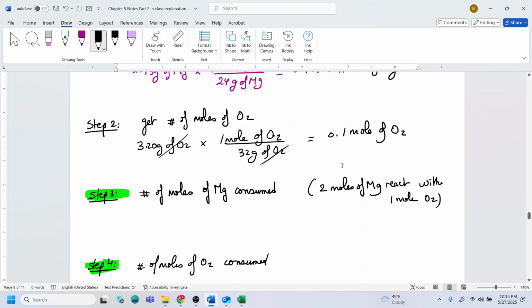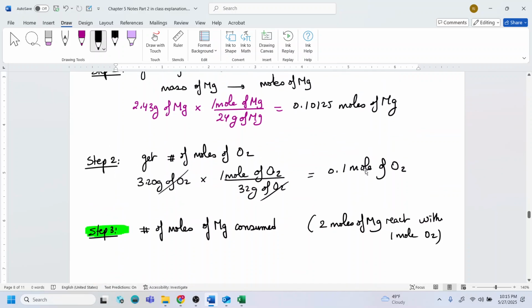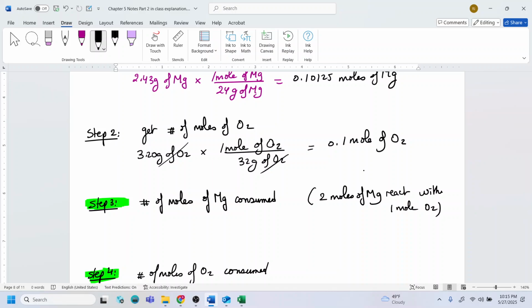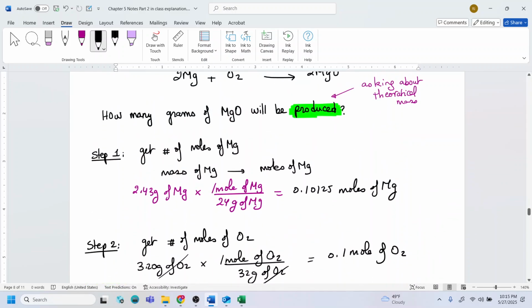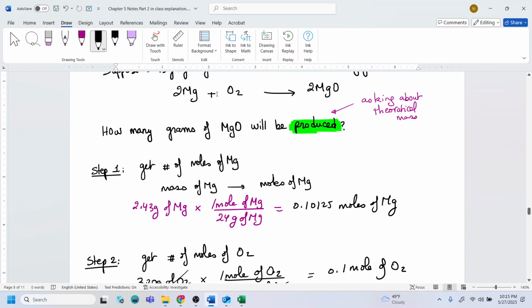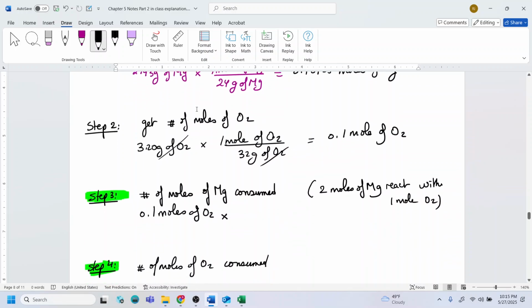So the number of moles of magnesium consumed, because I want to get the moles of magnesium, right? To get the moles of the magnesium, I'm going to use the moles of the oxygen because I need to cancel the moles of the oxygen. So I'm starting with 0.1 moles of oxygen, and I can relate the mole ratio: for every 1 mole of oxygen, I am reacting 2 moles of magnesium.